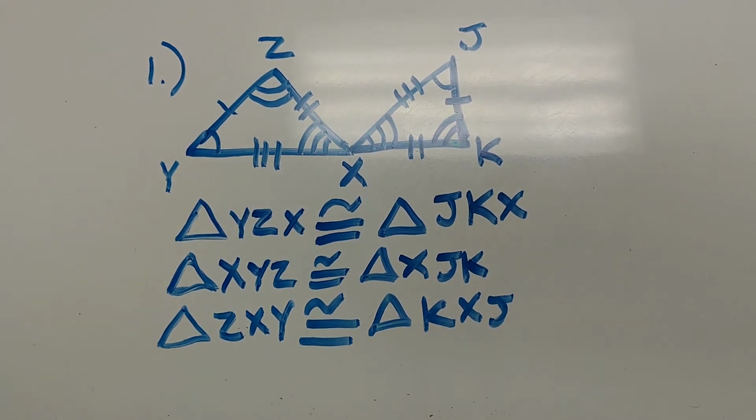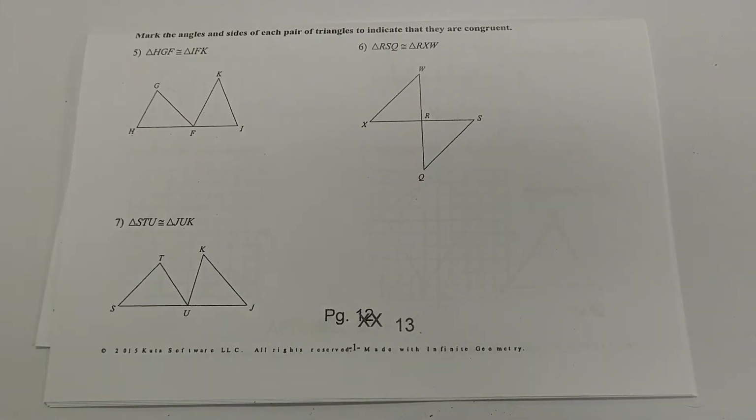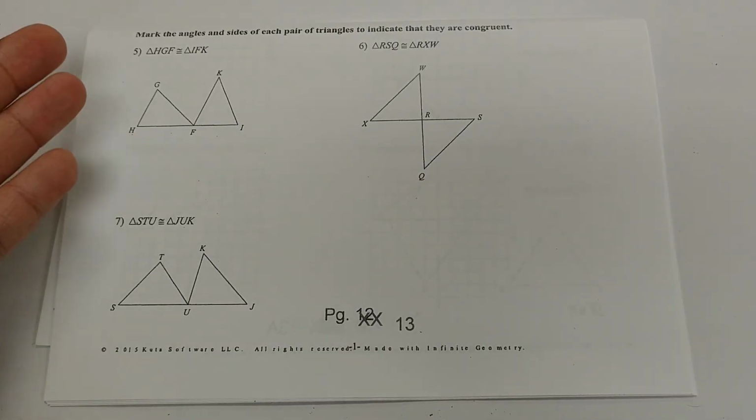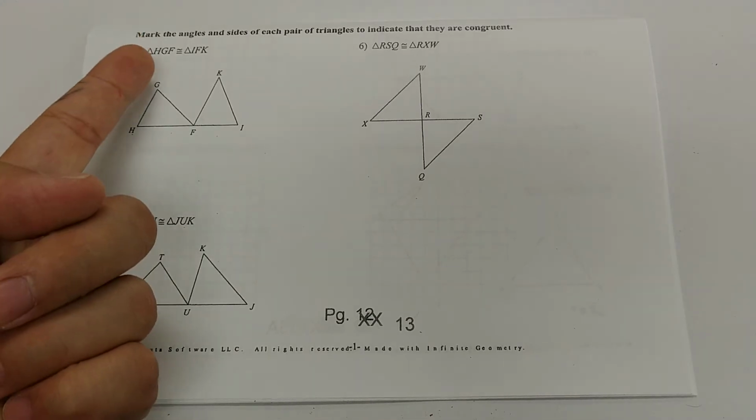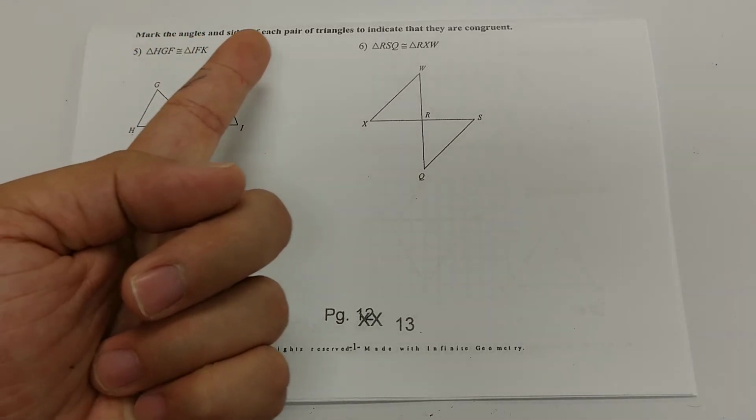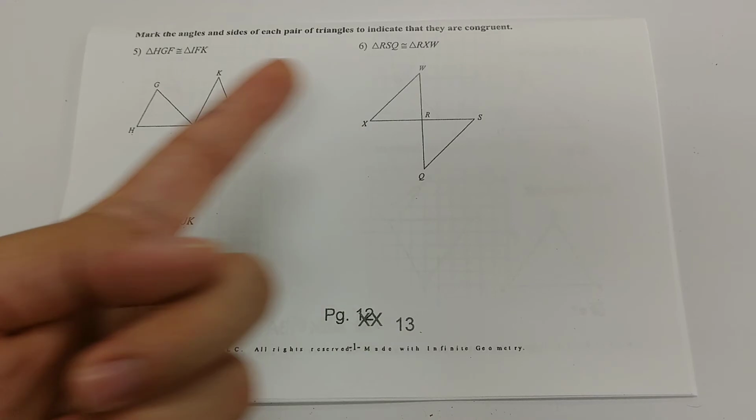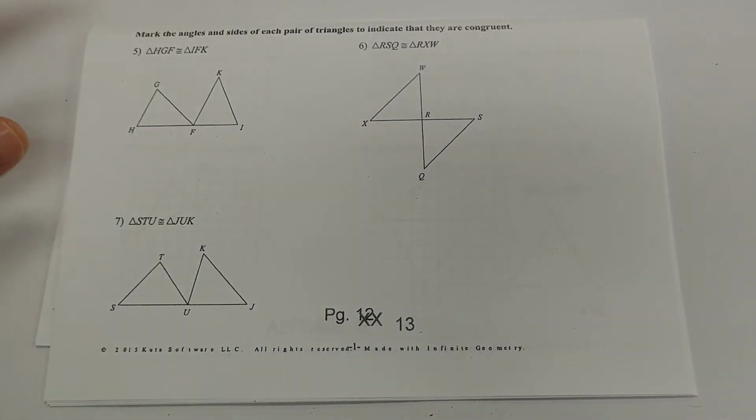Now we're going to move on to the bottom part of this worksheet. Notice that for the bottom part, numbers 5, 6, and 7, it asks you to mark the angles and sides of each pair of triangles to indicate that they are congruent. So for these three problems, we're going to be doing the opposite.